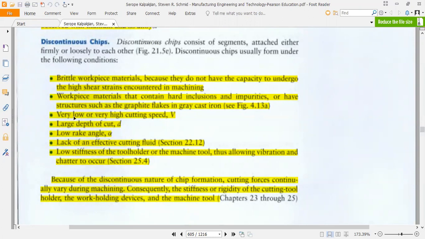When we machine brittle material at a very low or a very high speed, at a very high depth of cut, with low rake angle, low effect of cutting fluid, and low stiffness of the tool holder or the machine tool that allows vibration and chattering, these are all factors that promote the formation of the discontinuous chip, and we should focus on these factors in order to minimize the effect of such chips if they are affecting the surface finish or surface integrity.